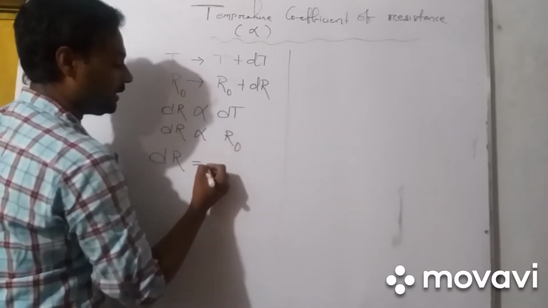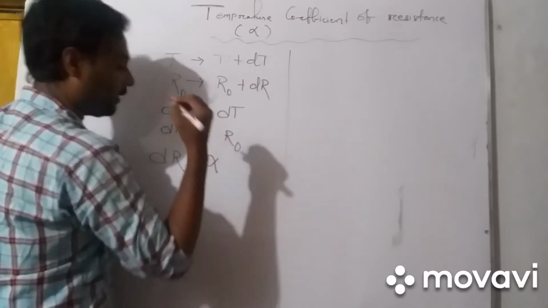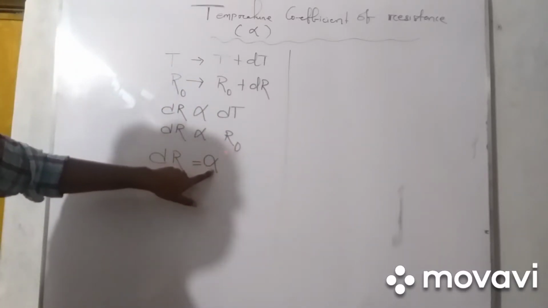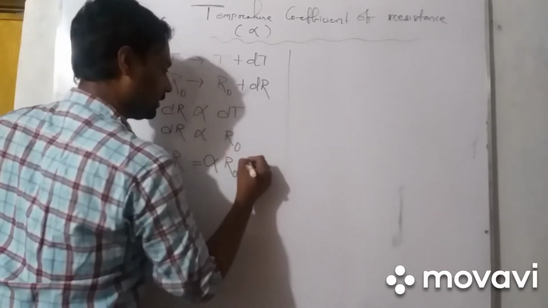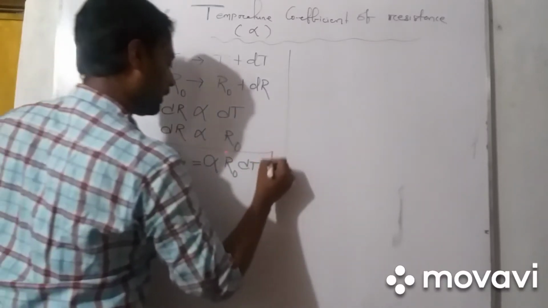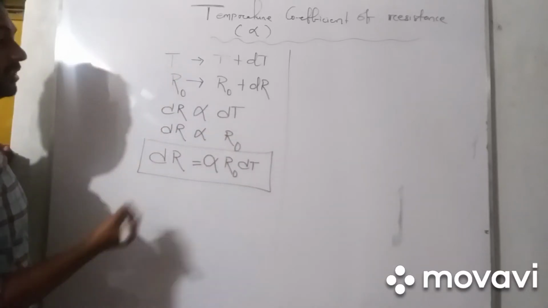If you remove the proportionality, a constant quantity can be represented as alpha. So dR is equal to alpha times R naught times dt. Alpha is the temperature coefficient of resistance.